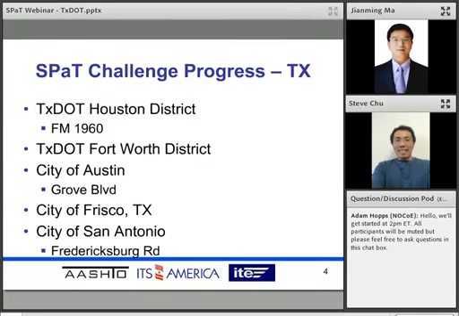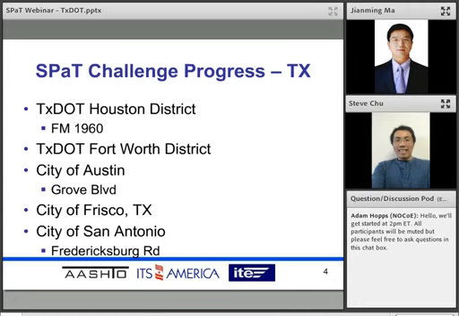The TxDOT Houston district deployed some SPaT challenge equipment at signalized intersections on Farm to Market Road 1960, which my colleague Steve will be presenting. And the TxDOT Fort Worth district is looking at and planning some deployment.